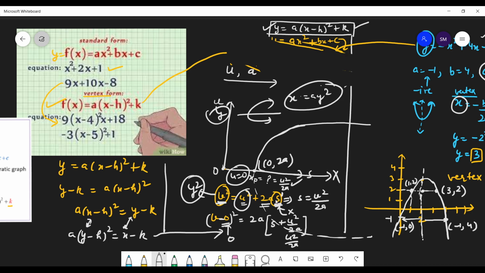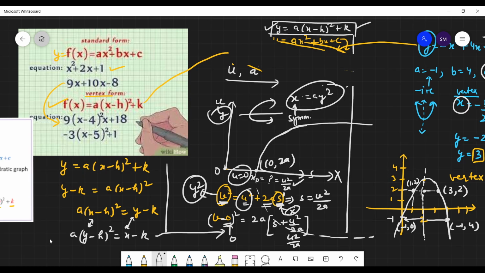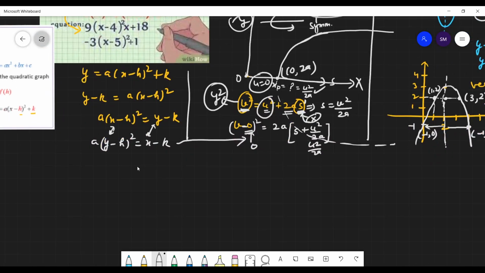Whichever variable has degree 1, the symmetric axis will be parallel to that axis. I have told it earlier also. So at least we have gained some knowledge. Still, in certain books there are some problems, and that is why we get stuck some of the time. But still we have a lot of knowledge.